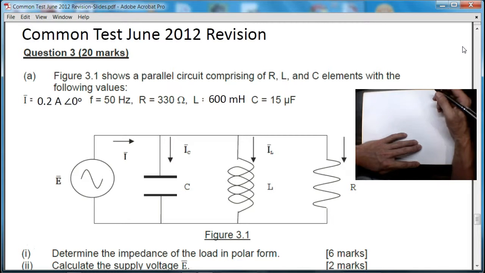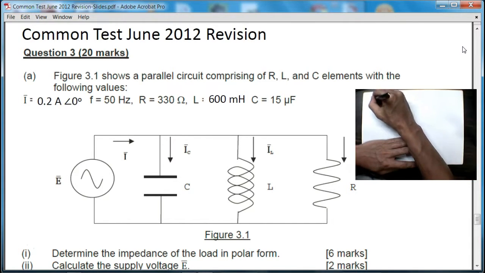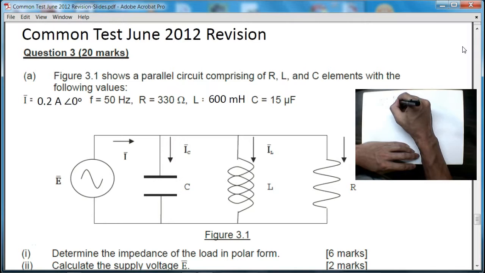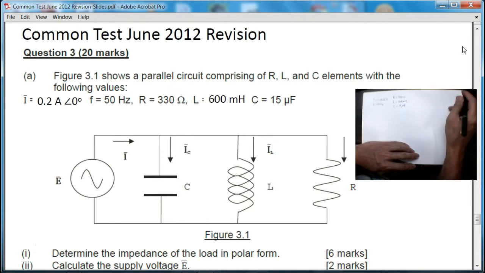The incoming current is given as I phasor 0.2 amps, with a 0 phase angle, the frequency of 50 Hertz, and the resistor value is 330 ohm, inductor 600 millihenry, and finally the capacitor is 15 microfarad.